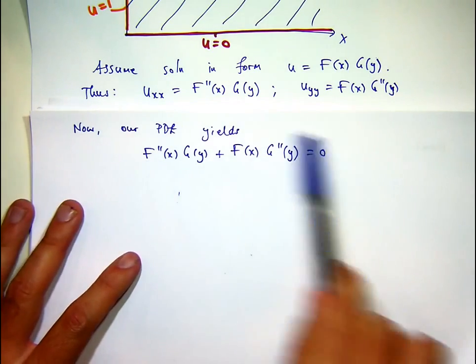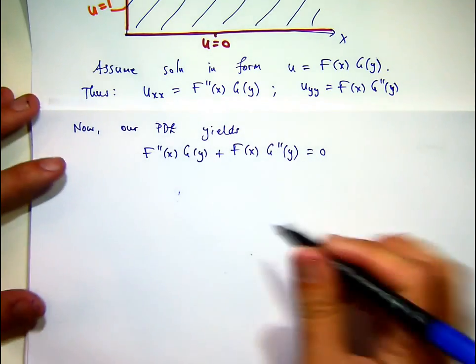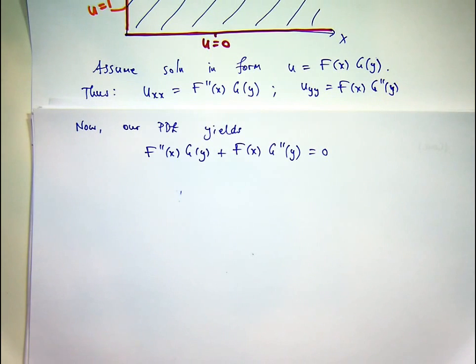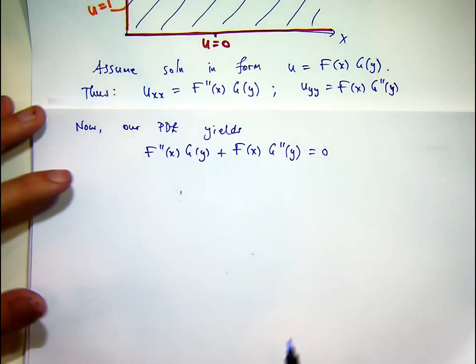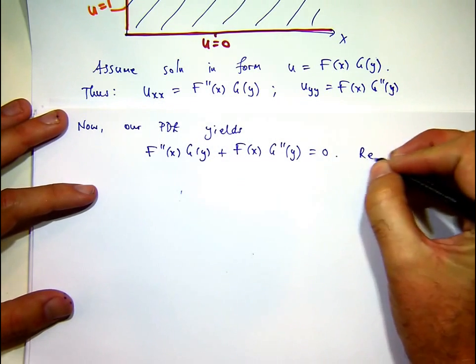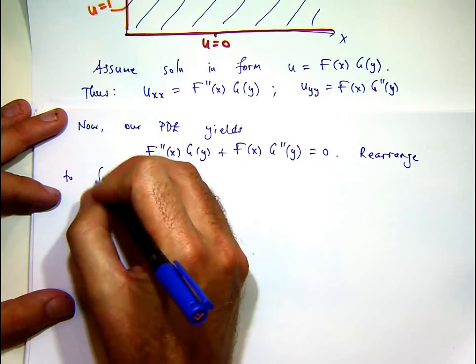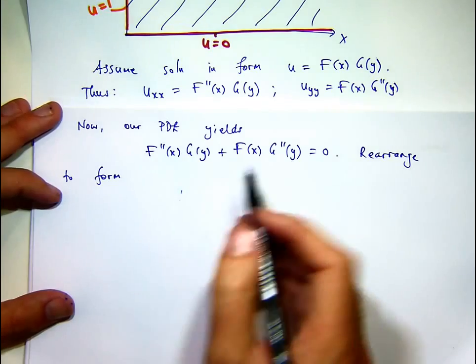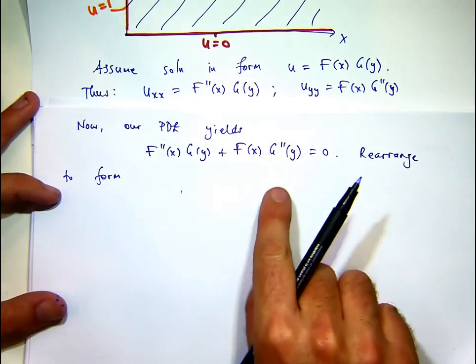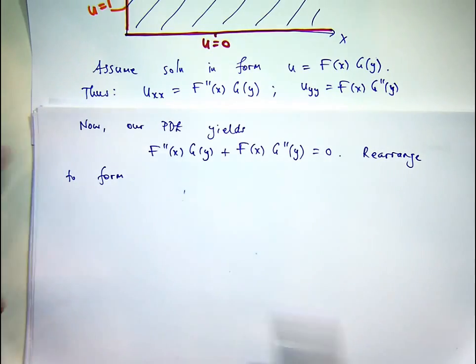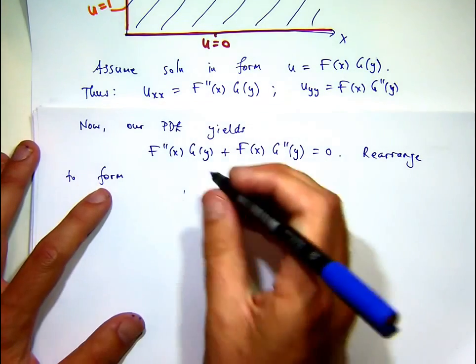Okay, so if I rearrange this, separate the variables, get all the x's on one side and all the y's on the other via division or multiplication, we'll have the following. Okay, so basically if I take this to the other side and divide by big F of x and big G of y, I'll get the following.